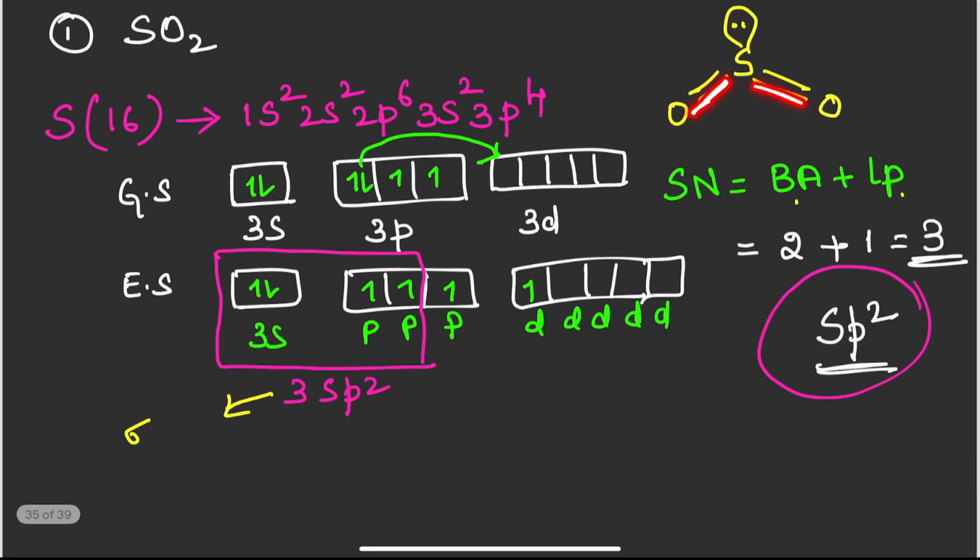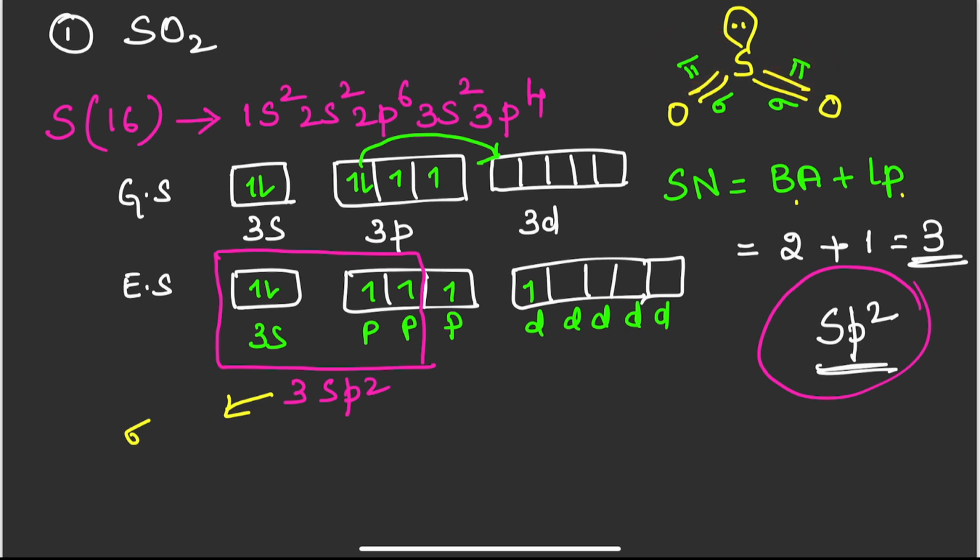Here you can see the sigma bond. Now, out of this double bond, one will be a sigma bond and another will be a pi bond. One electron is involved in the formation of one sigma bond, and another is involved in the formation of the pi bond.